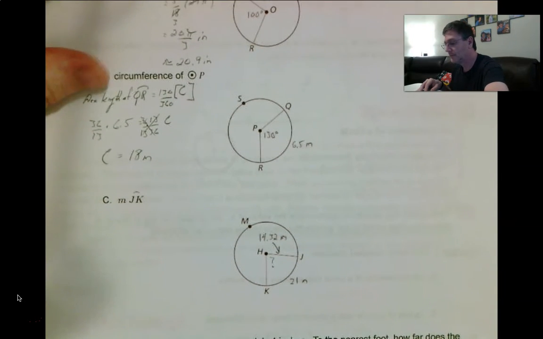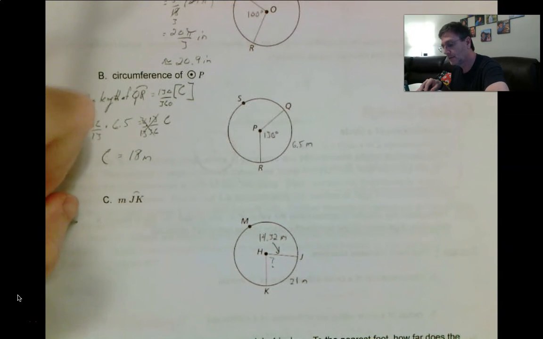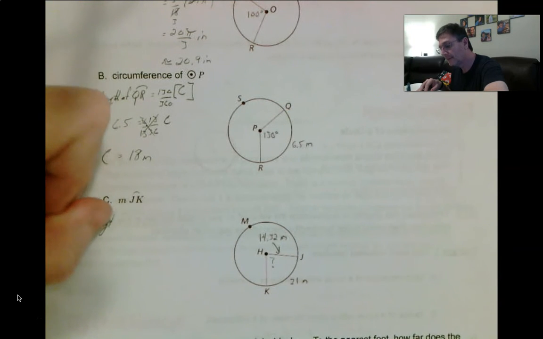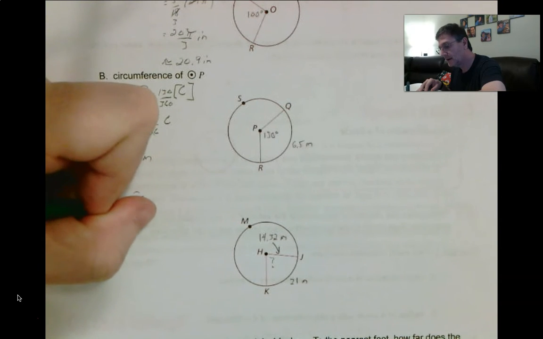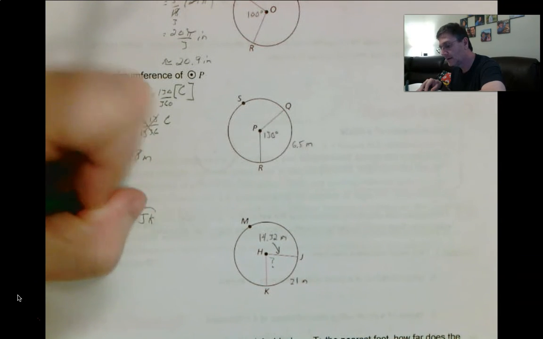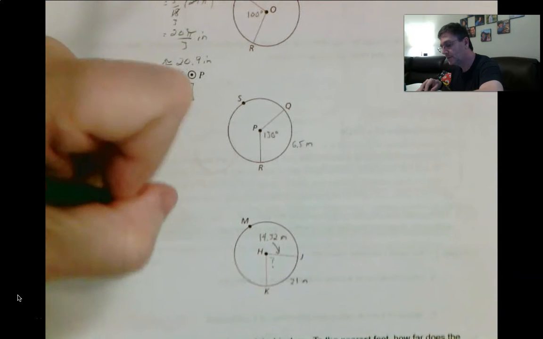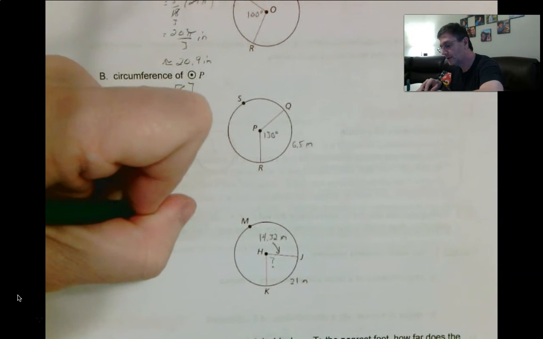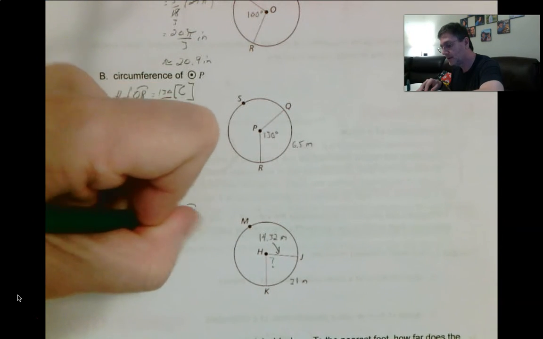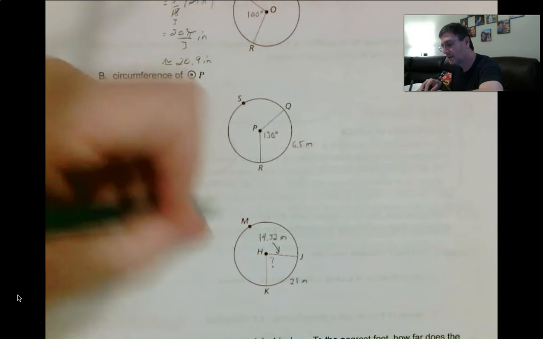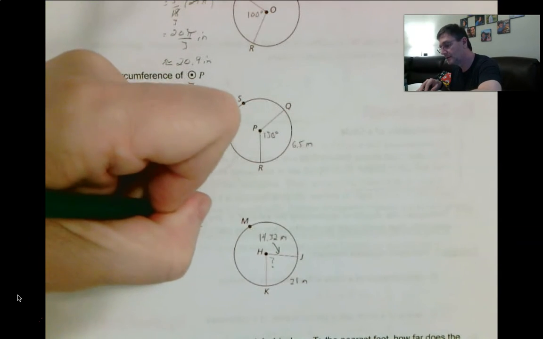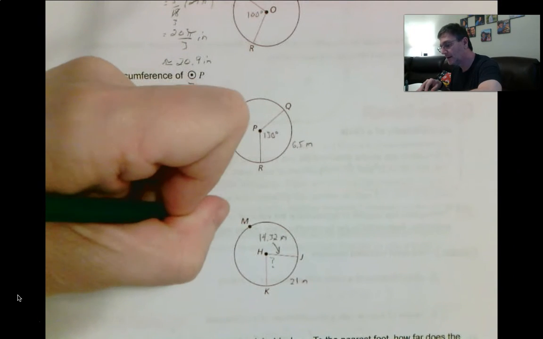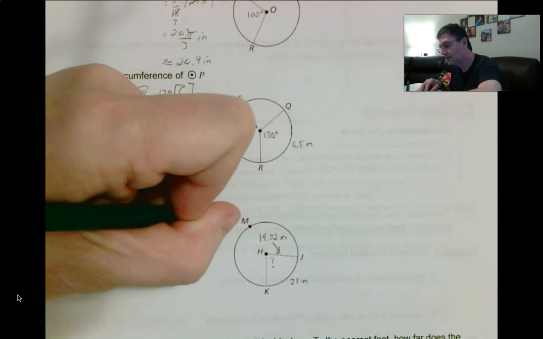So arc length of, just kidding, JK arc is equal to measure of arc JK over 360 times circumference, or 2 pi r, which is 14.32.